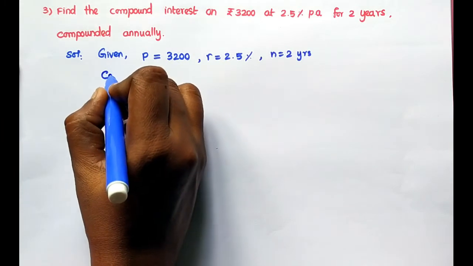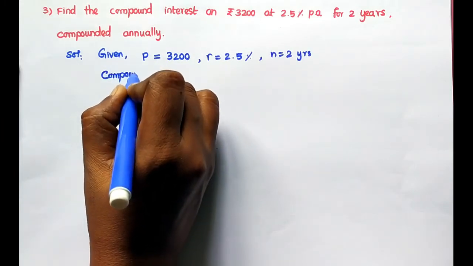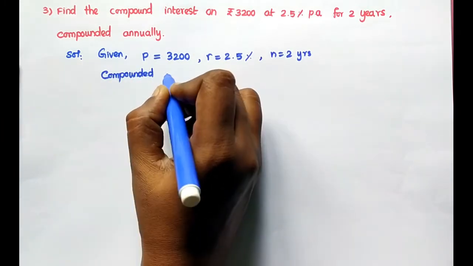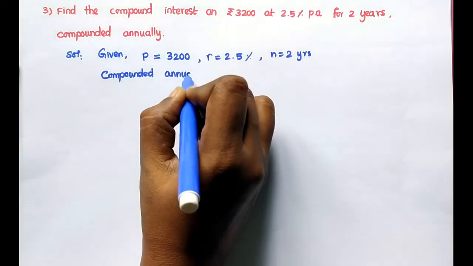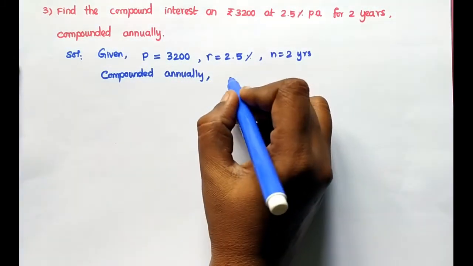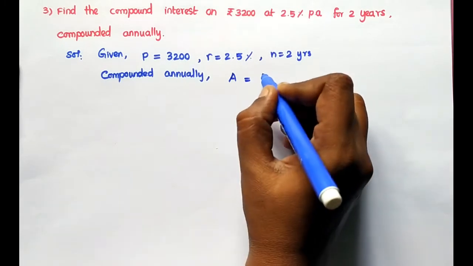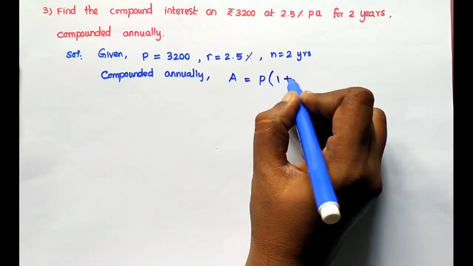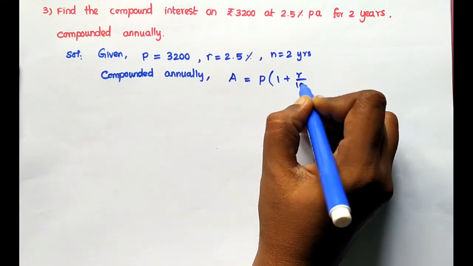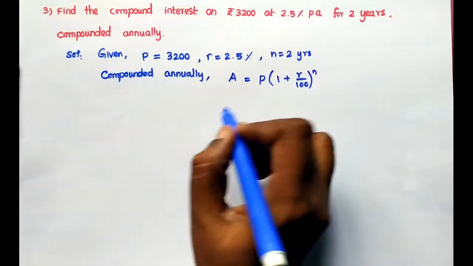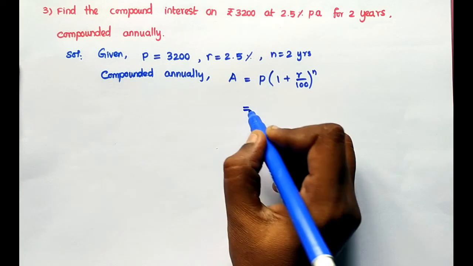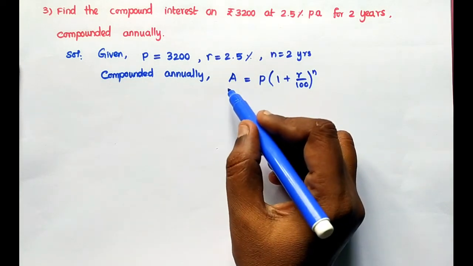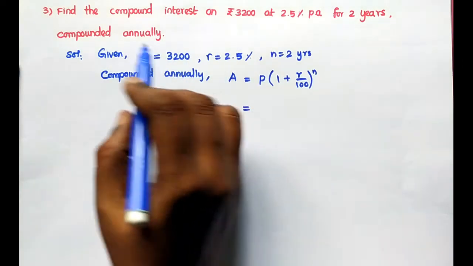Compounded annually means amount equal to P into (1 plus R by 100) power n. First we want to find out the amount and then the compound interest.